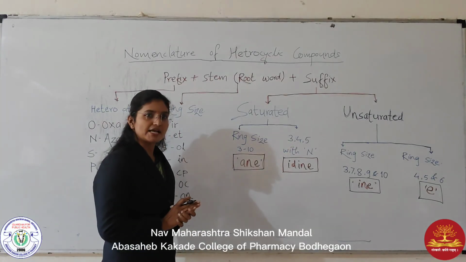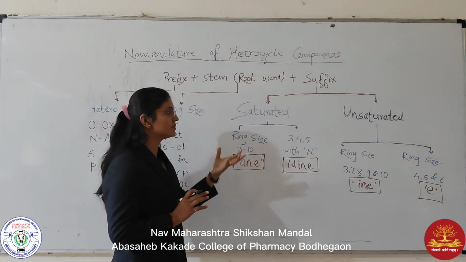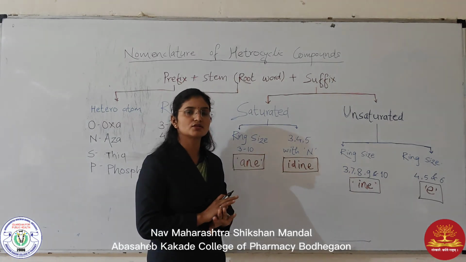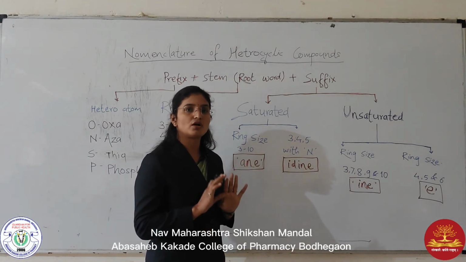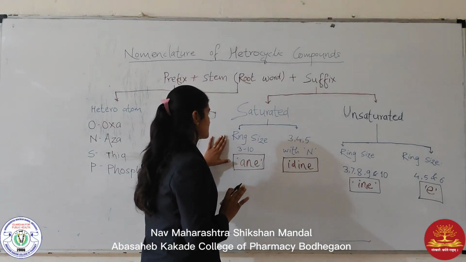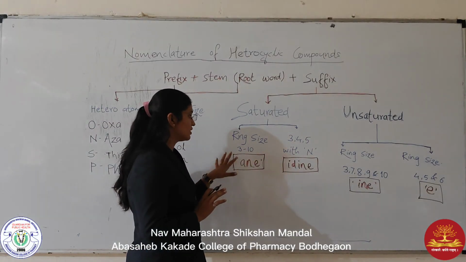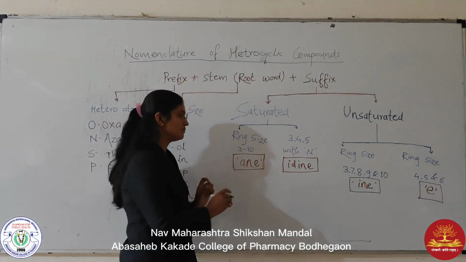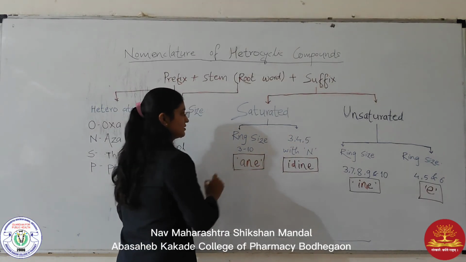If your ring is saturated, what will be the suffix? Totally saturated means there is no double bond; the whole ring is made up of single bonds. If your ring size is 3 to 10 member, then the suffix will be ane.